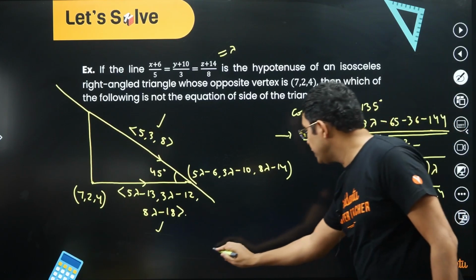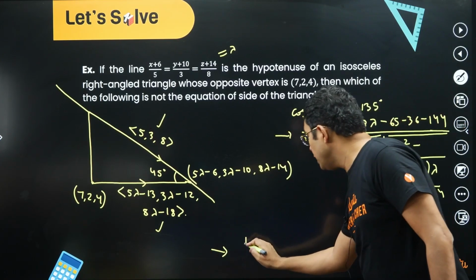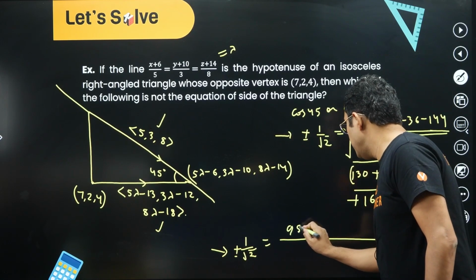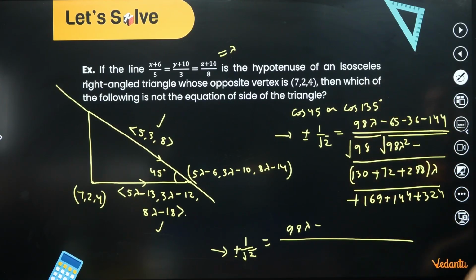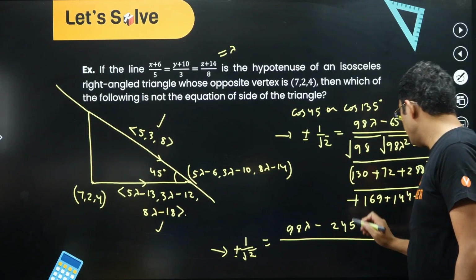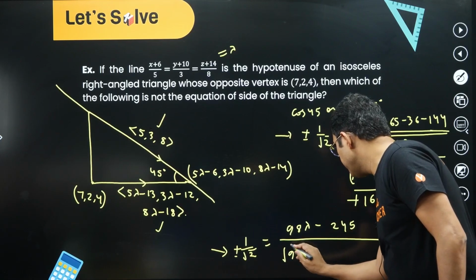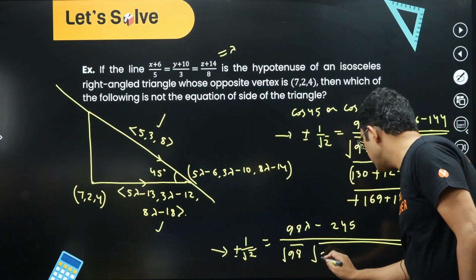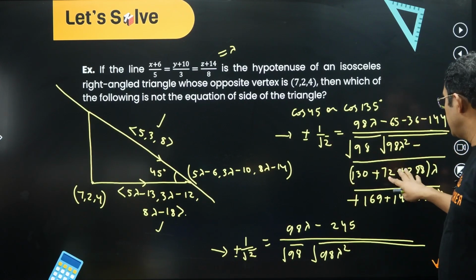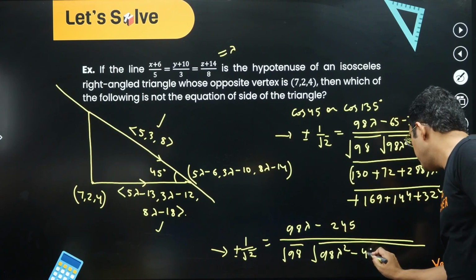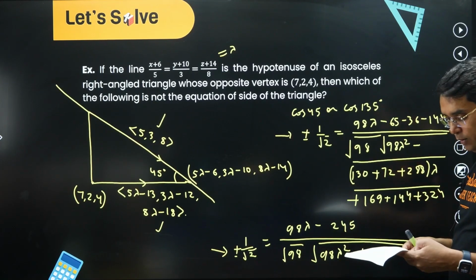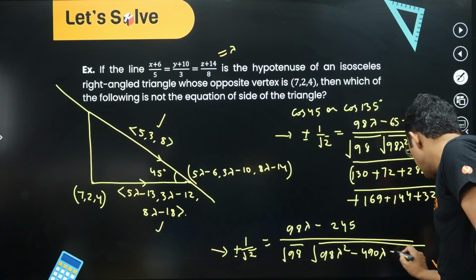So what calculation we are getting here is 1 upon root 2 with plus or minus sign equal to 98 lambda minus, this will become 36 plus 144 is 180, 180 plus 65 is 245, over the square root of 98 lambda square, and this is just double of this thing, so it will be minus 490 lambda, and this will be equal to, if I add these numbers, 637.